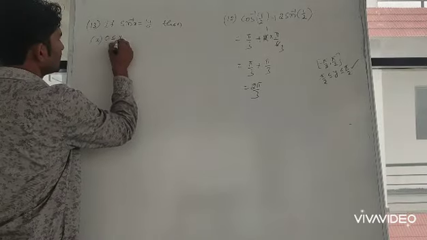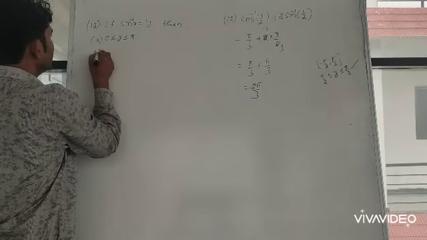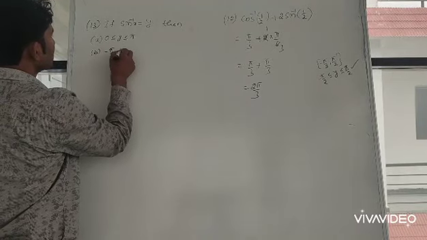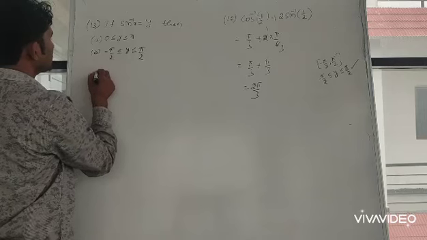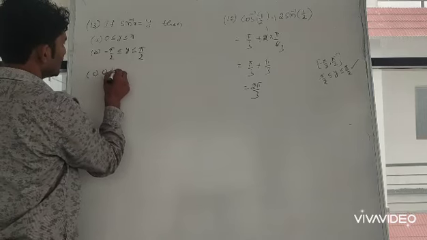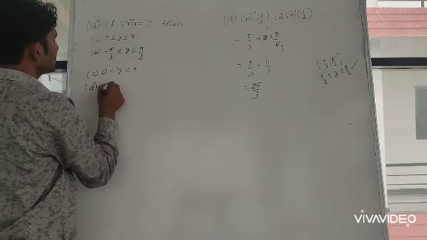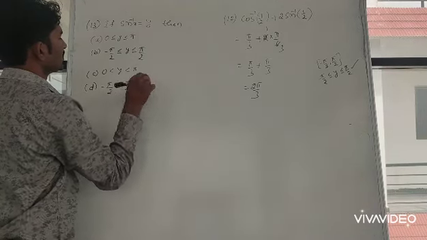A: 0 is less than or equal to y is less than or equal to pi. Option B is minus pi by 2 is less than or equal to y is less than or equal to pi by 2. C is 0 less than y less than pi, and D is minus pi by 2 less than y is less than pi by 2.